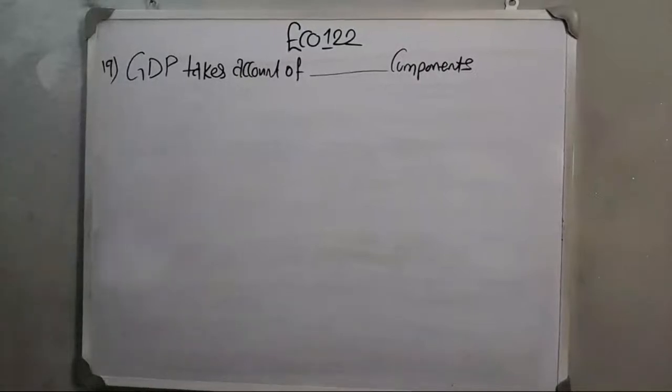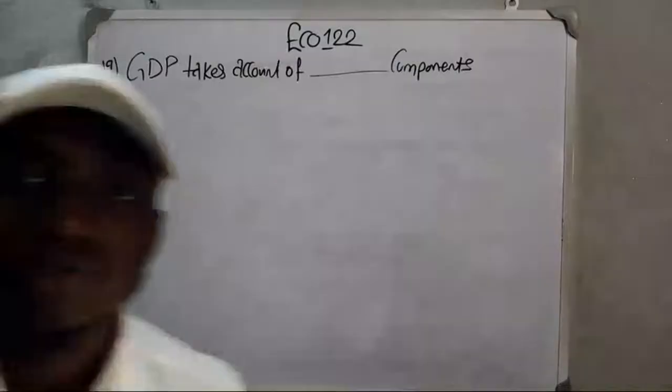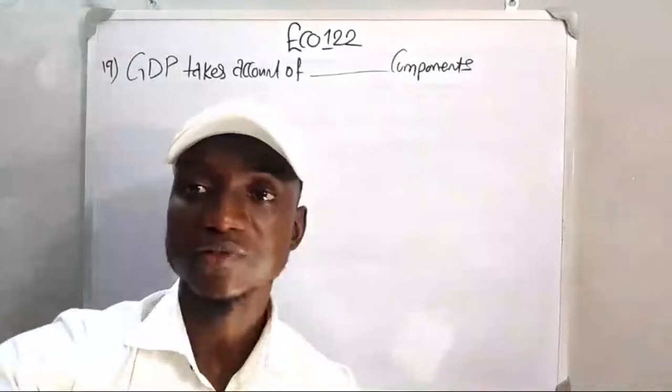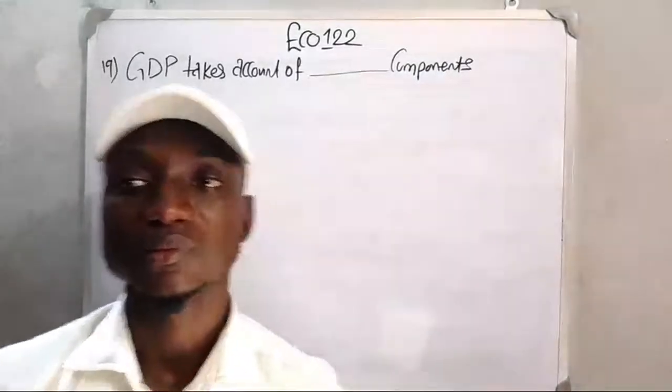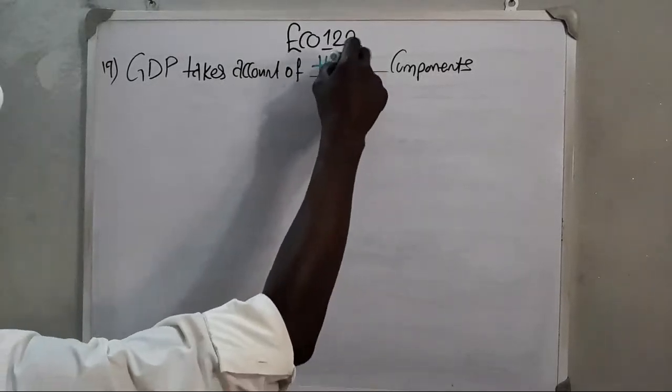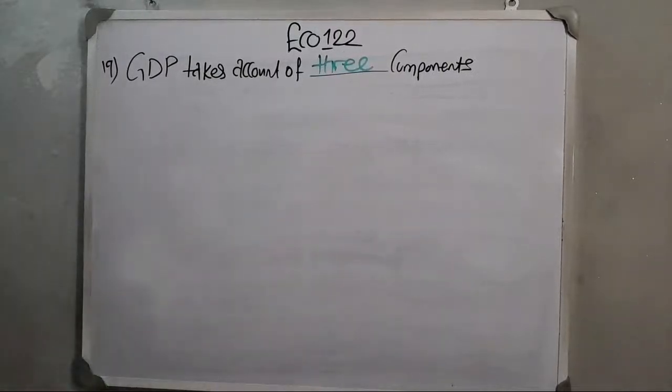GDP takes account of dash components. Are we together? Yes, thank you for that. Three, yes. Three. Yes, thank you for that.